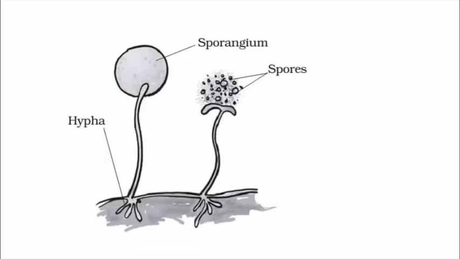Fungi have hyphae, which are the roots, and sporangium inside which spores are present. They destroy materials which are useful for humans, and that is why these organisms are harmful.